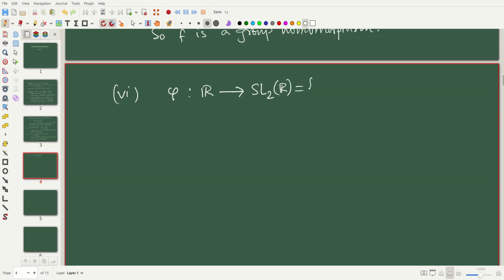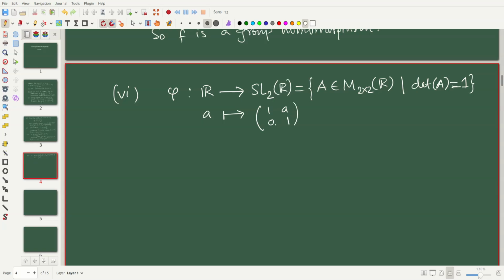SL2(R) is basically the set of all 2 by 2 matrices A belonging to M2 with real entries, such that the determinant of A equals 1. This is a group with respect to matrix multiplication. Define a map phi by sending a real number a to the matrix [[1, a],[0, 1]].